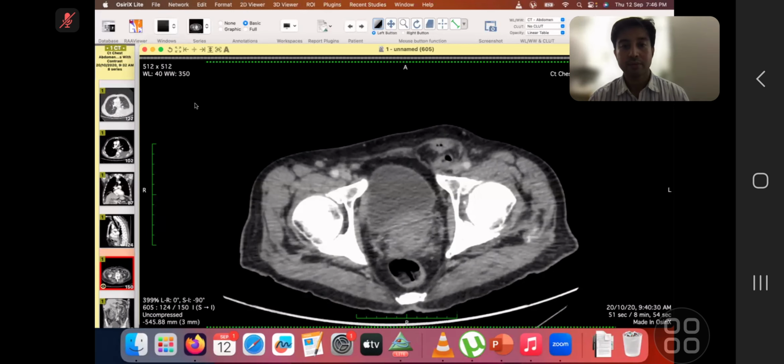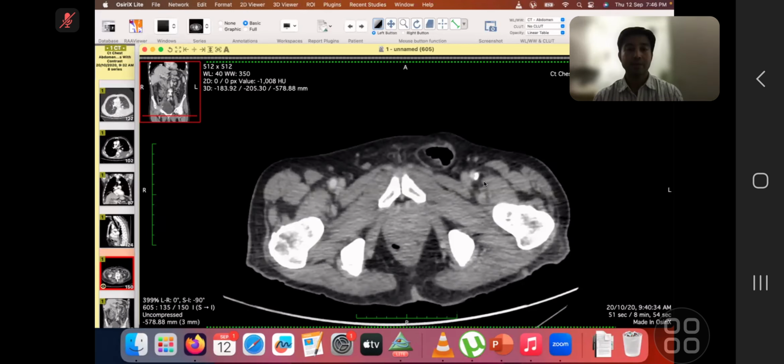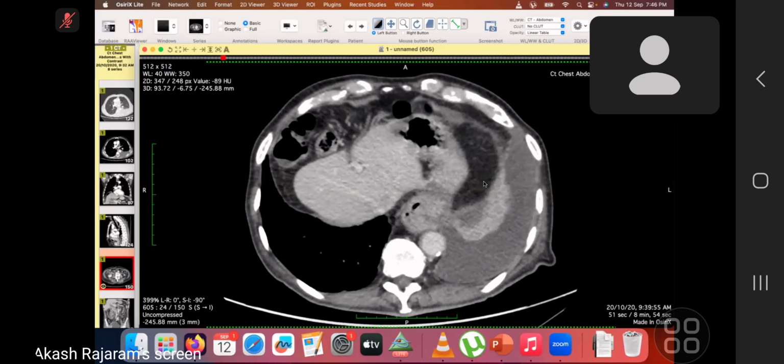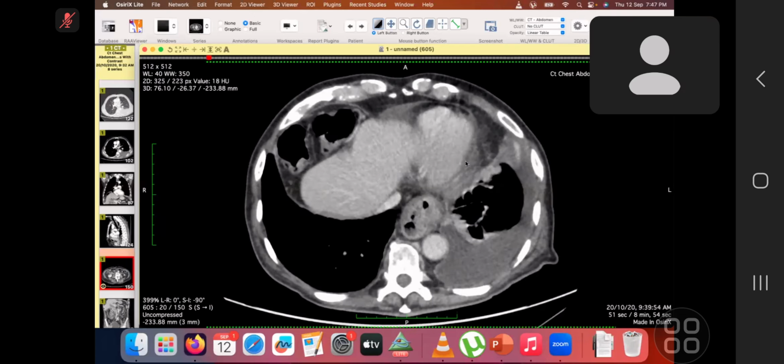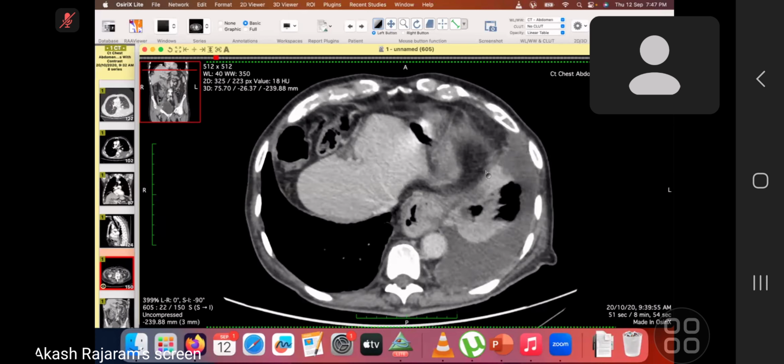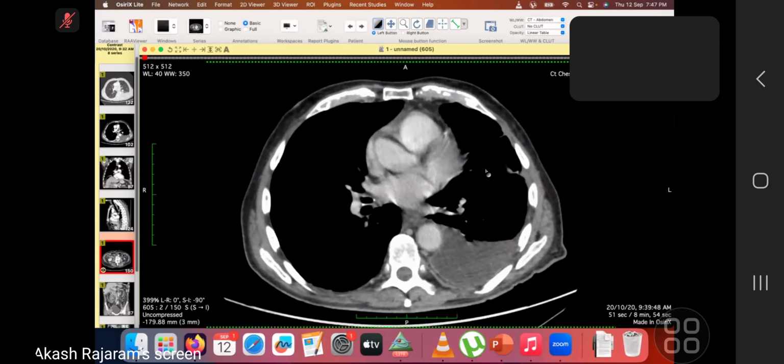Are you able to scroll the CT? I can try. Okay, one second, there is some issue.